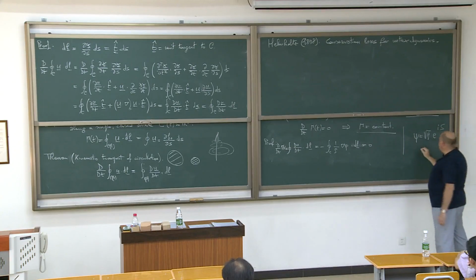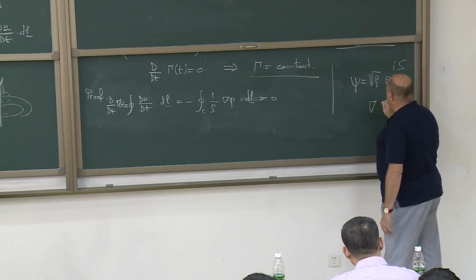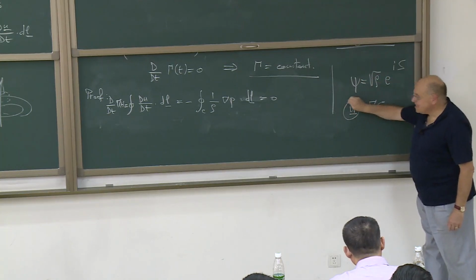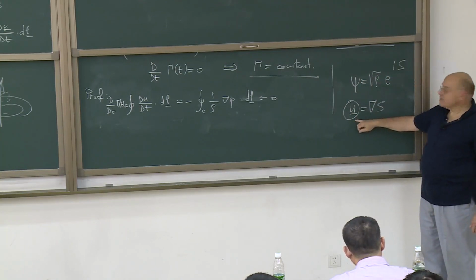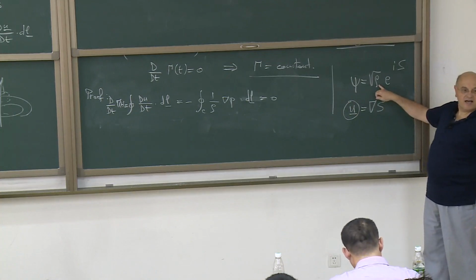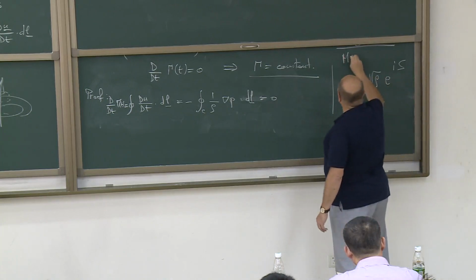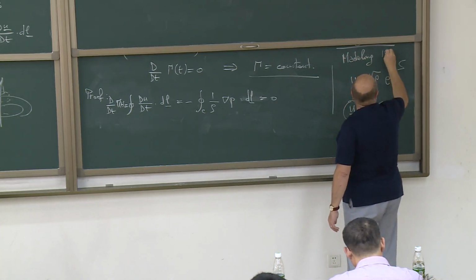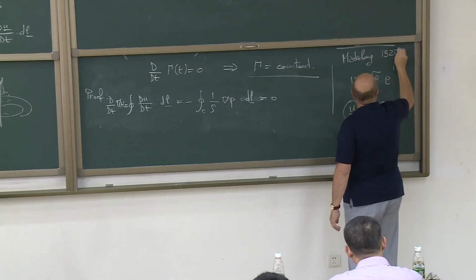And the grad of S, you call it U. So you have a velocity field for a fluid-like system and the density for a fluid-like system. This is due to Madelung, 1927.